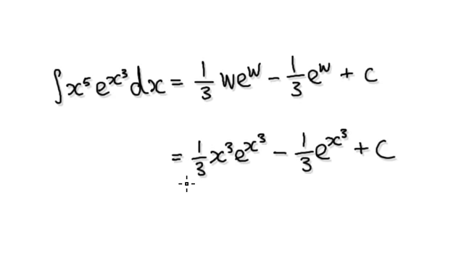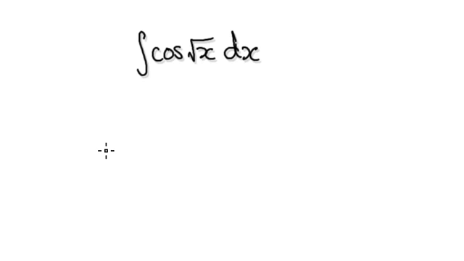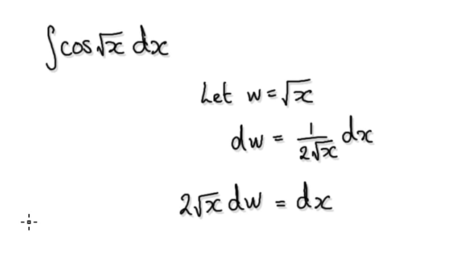Okay. So next question here. So somehow integrate this. Okay, so press pause and have a go. Okay, so to integrate this, let w equals the square root of x. If w equals the square root of x, then dw equals this thing here, and then rearrange it to make dx the subject.